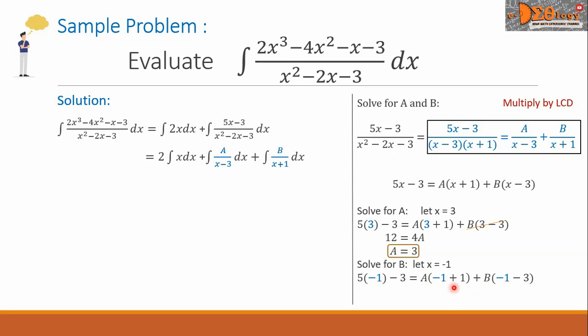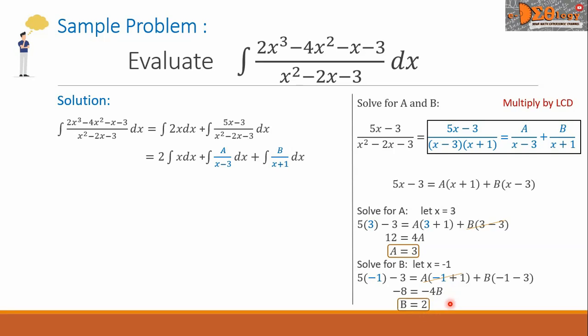This negative 1 plus 1 will be 0, and 0 times A will be 0. Simplifying now this equation, the left side becomes negative 8 equals, the right side is negative 4B. Simplifying further, the value of B equals positive 2.